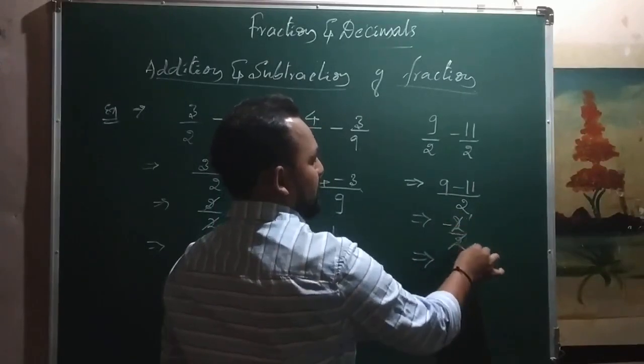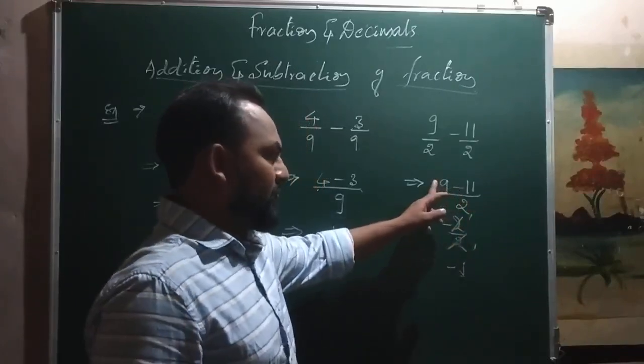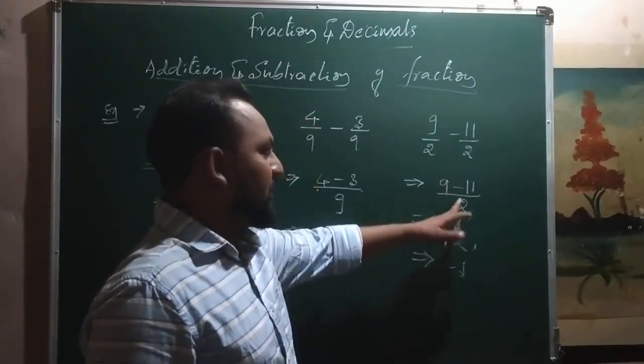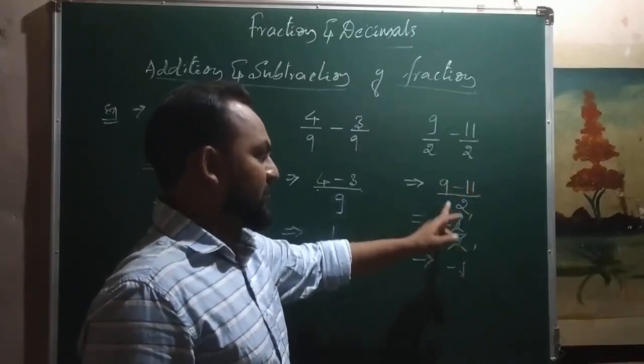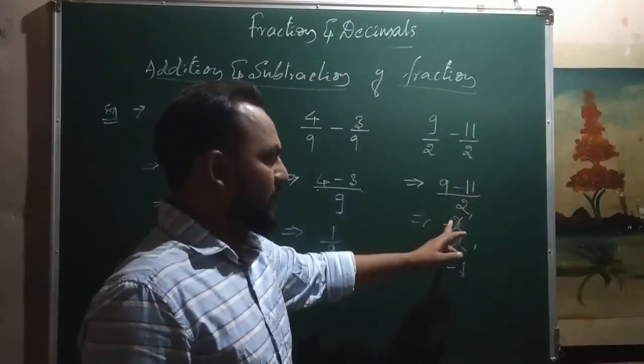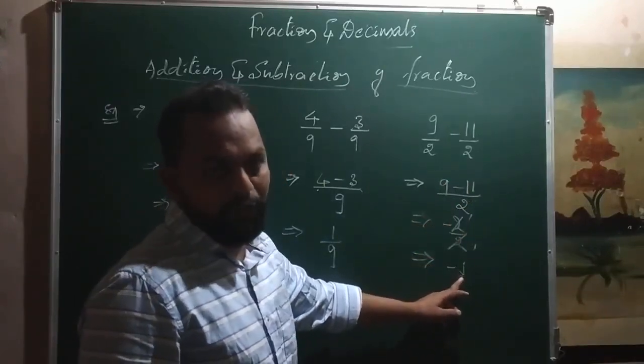For the sign, with a positive and a negative integer, the sign of the bigger value is negative. 11 minus 9 is 2, and the sign of the bigger value is negative. So negative 2 by 2, which means negative 1.